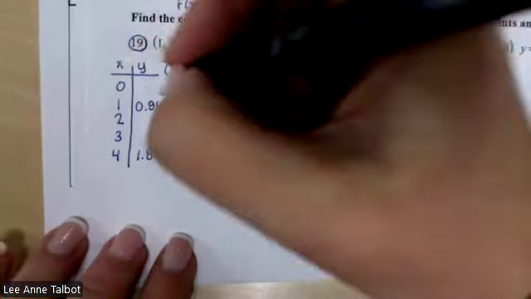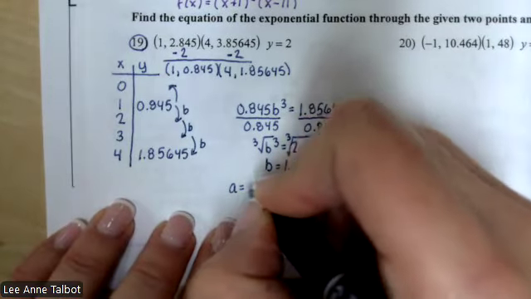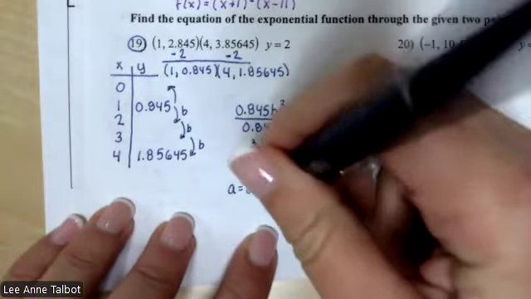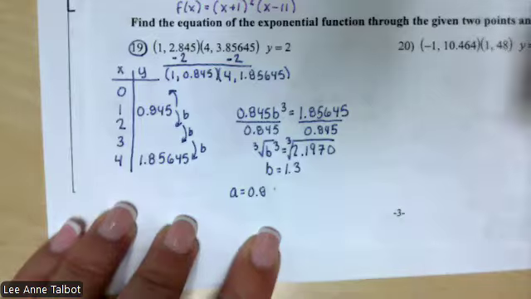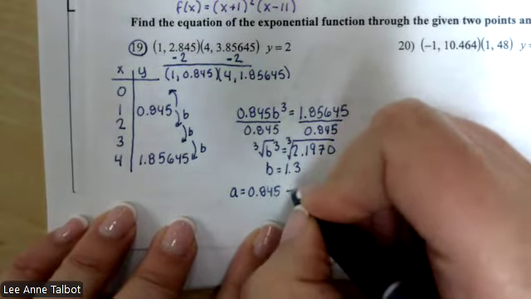Okay. And do you guys remember how to go backwards on the table? What do you do to go forwards on the table? Multiply. So backwards on the table would be divide.